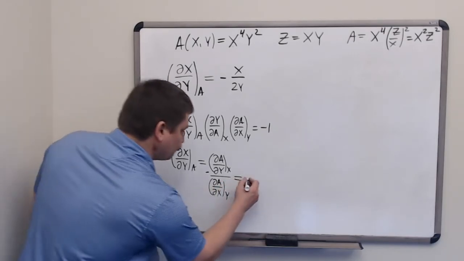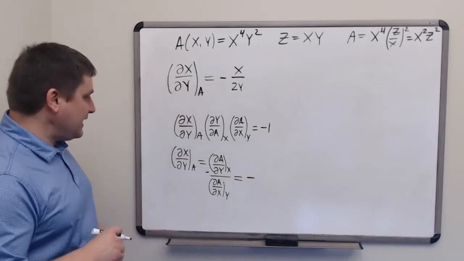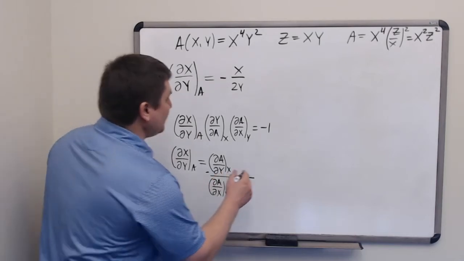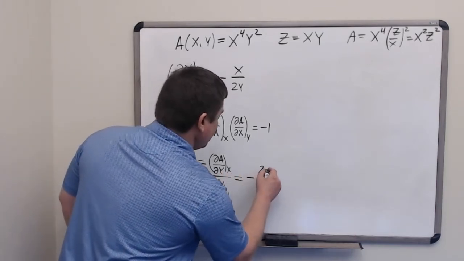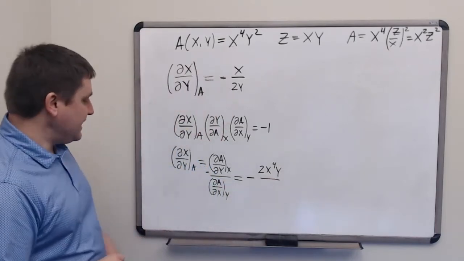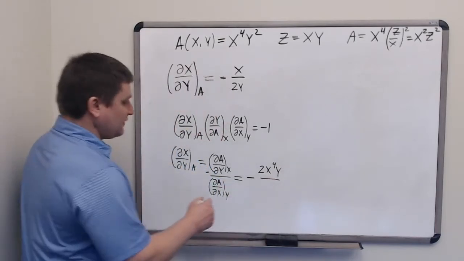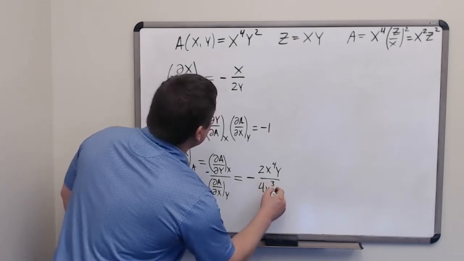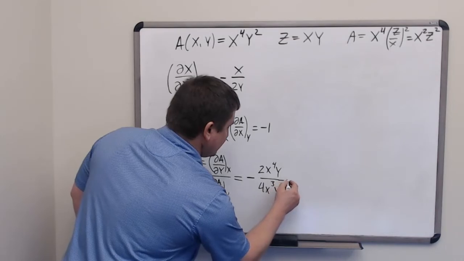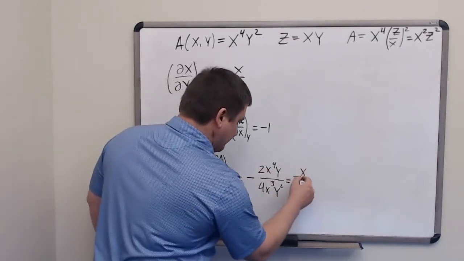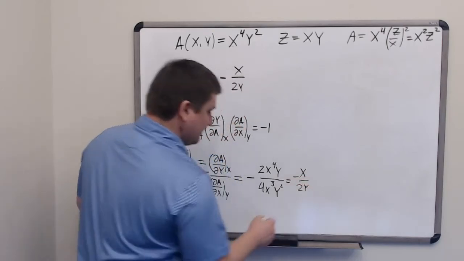So there's our minus sign from the identity, dA dy with respect to x. We already did that one before. It was 2x fourth y. dA dx with respect to y was 4x cubed times y squared. And if we simplify that, we're going to get x on the top and 2y on the bottom. So we get the same answer.